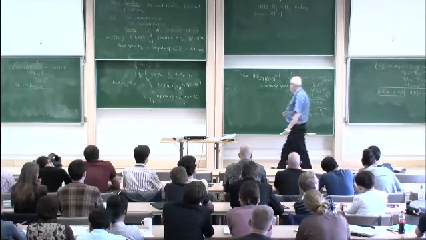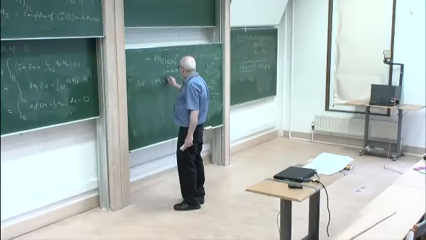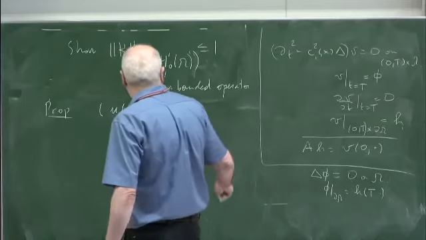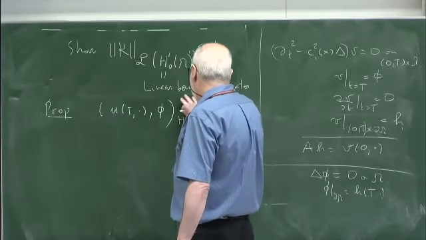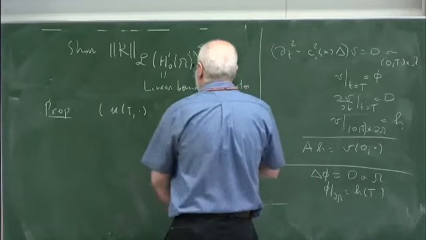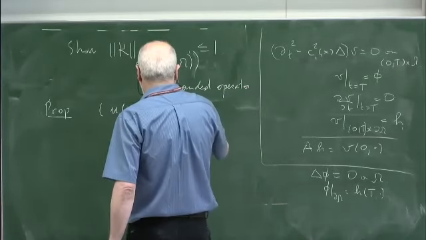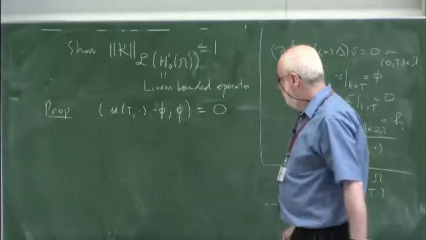So the first little proposition is that the inner product of ut minus phi and phi in the space H1 is equal to 0.